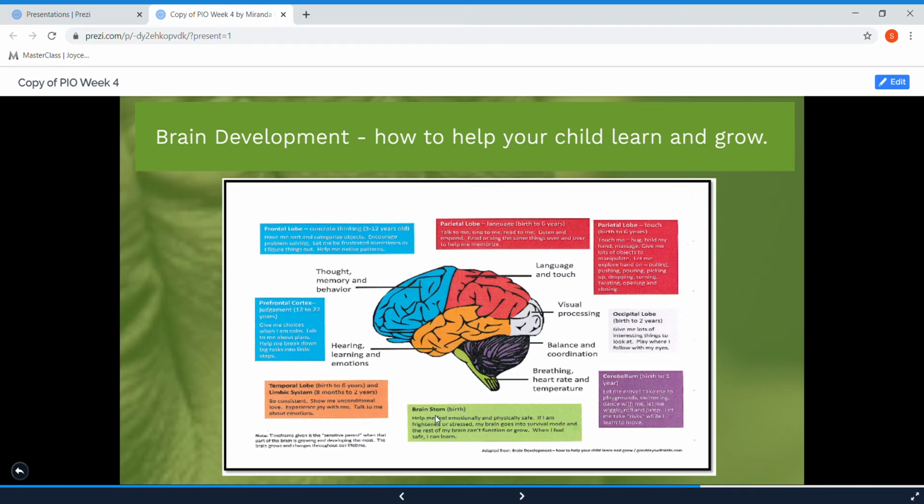So the brainstem is developed at birth. This helps me feel emotionally and physically safe. If I am frightened or stressed, my brain goes into survival mode and the rest of my brain can't function or grow. When I feel safe, I can learn. So we have that breathing, heart rate, and temperature, the natural things that we do without thinking about it.